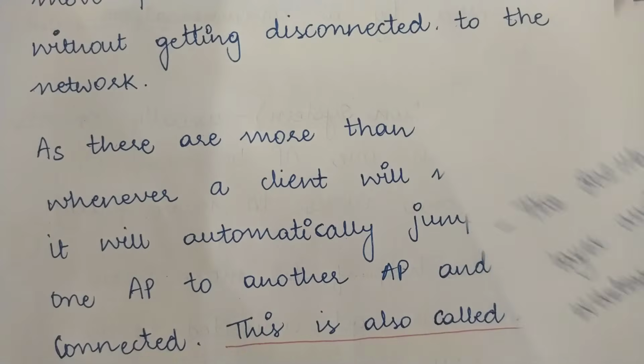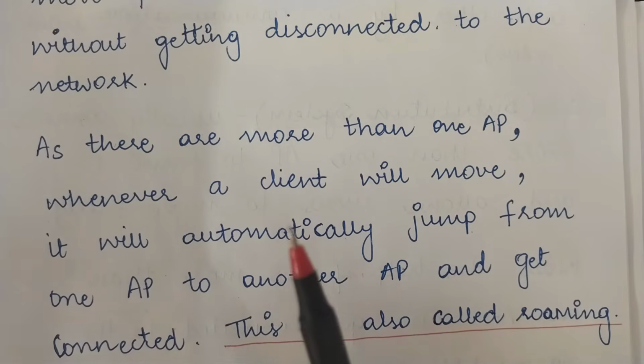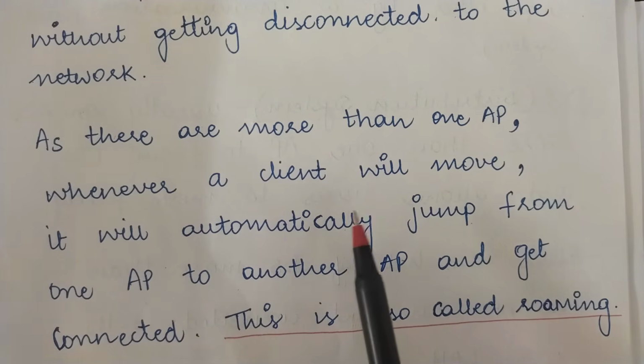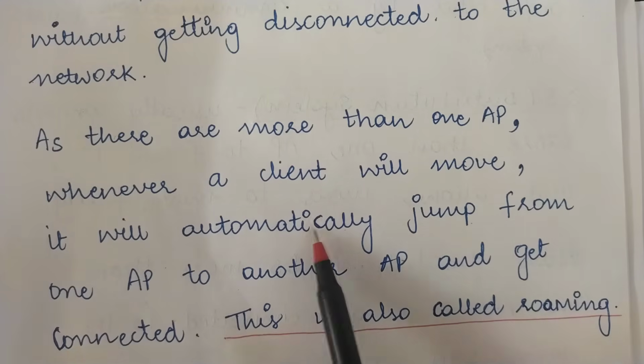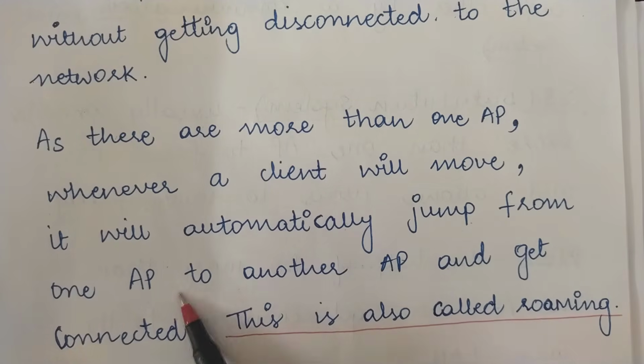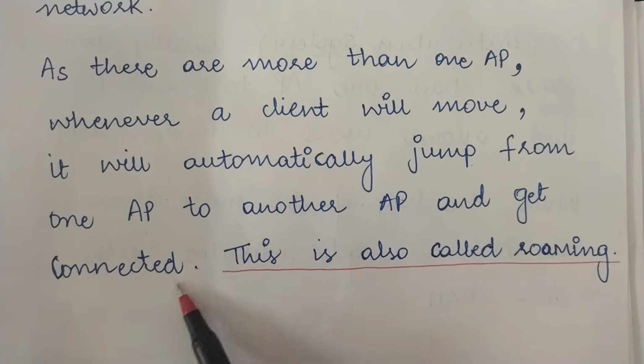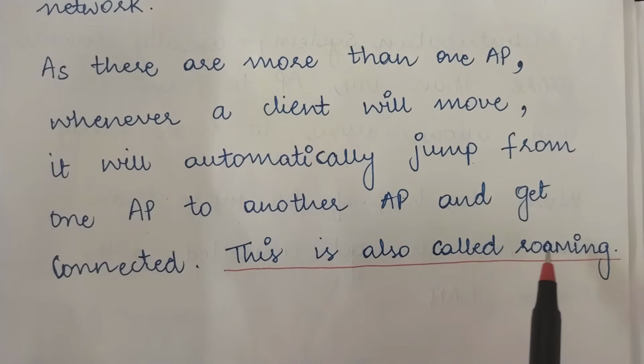So even if a device goes outside its network area, when the clients are on the go or moving, they will automatically jump from one AP to another AP and get connected, and this is also called roaming.